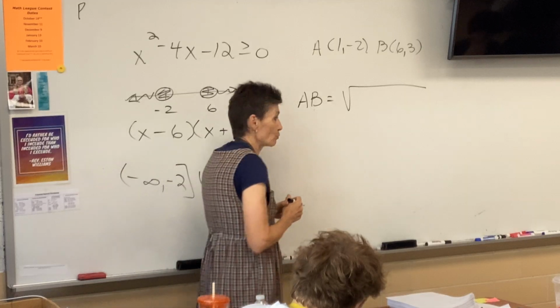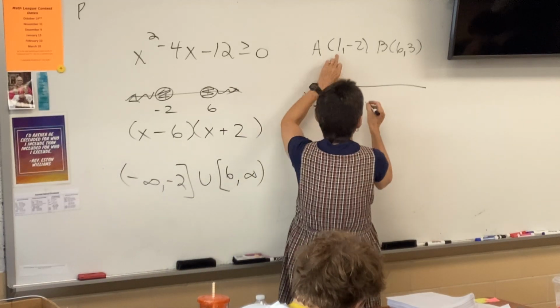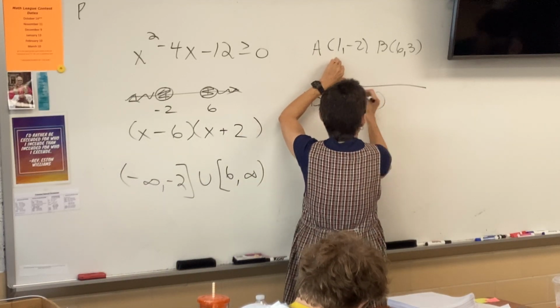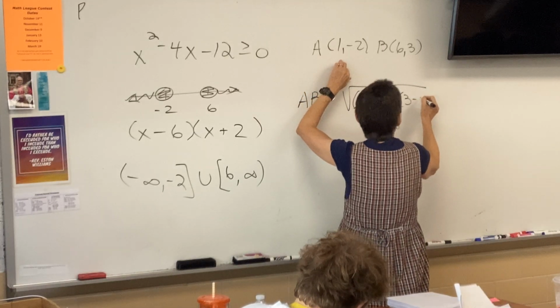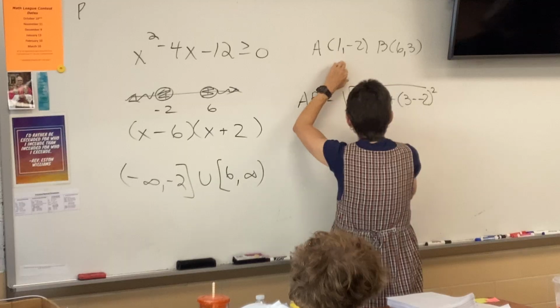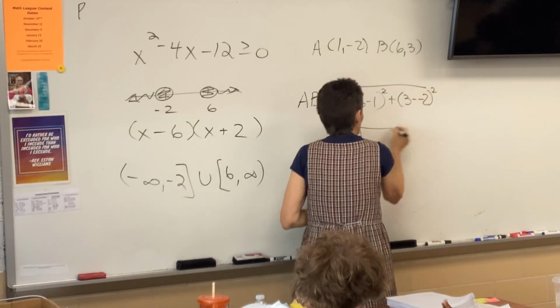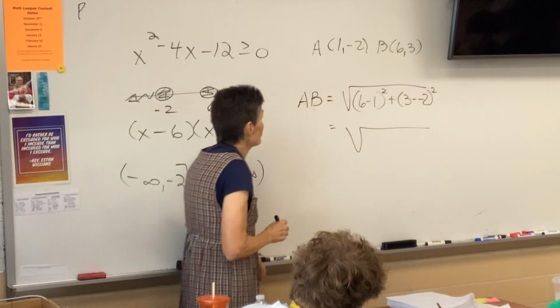The distance is this. We're going to subtract our x's and square it. Subtract our y's and square it. Add them up and take the square root.